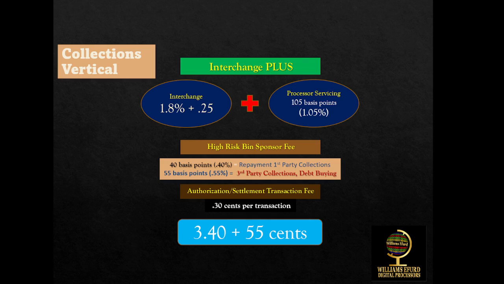And if you're talking about third-party collections or debt buying, 55 basis points are added on top of that. Also on the authorization and settlement transaction fee, typically for low-risk industries it's 10 to 25 cents per transaction. But in this particular instance, you can see 30 cents per transaction added on top of the interchange that comes over.